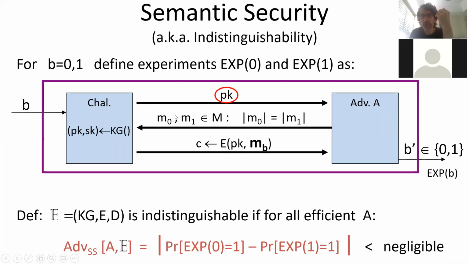Meaning, if you generalize this by saying that the adversary chooses not just one message pair, but any number of such pairs, M0i, M1i, like in the left or right security notion for symmetric encryption, and each time he chooses this pair, he gets a ciphertext i, which is an encryption of M_bi, right?